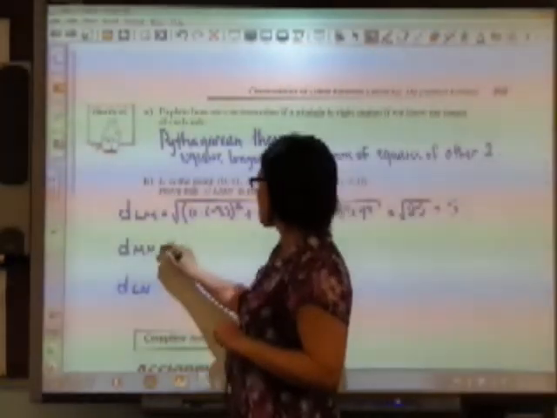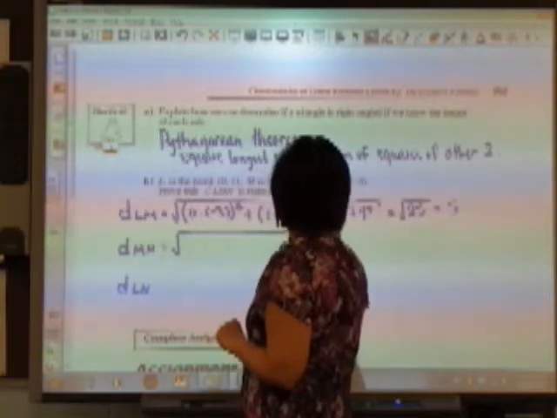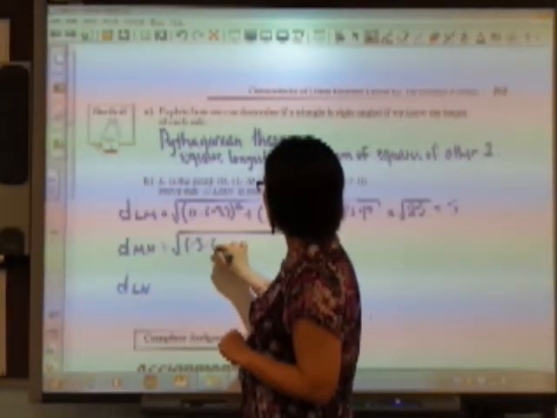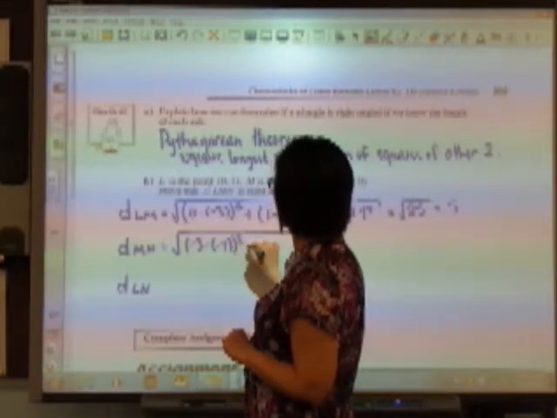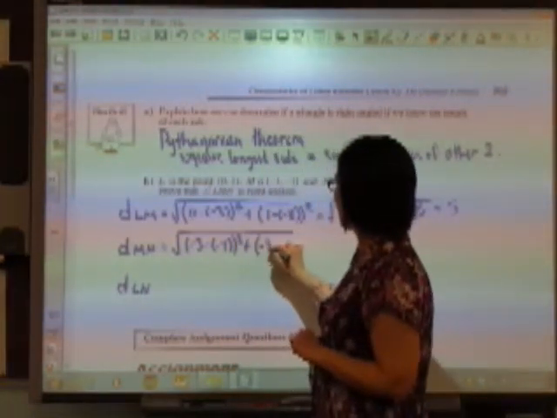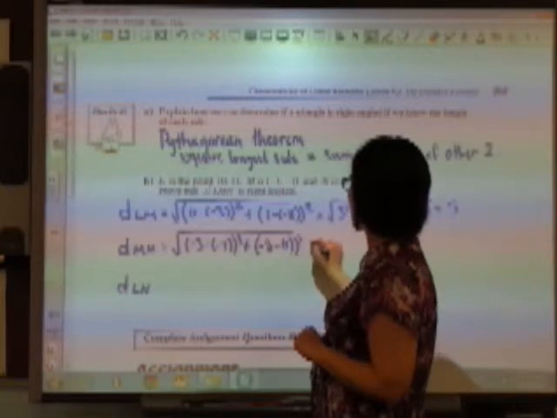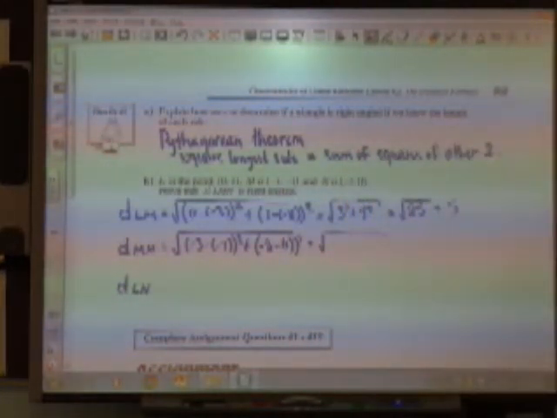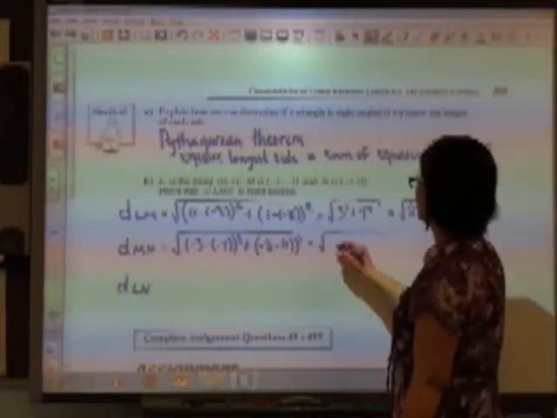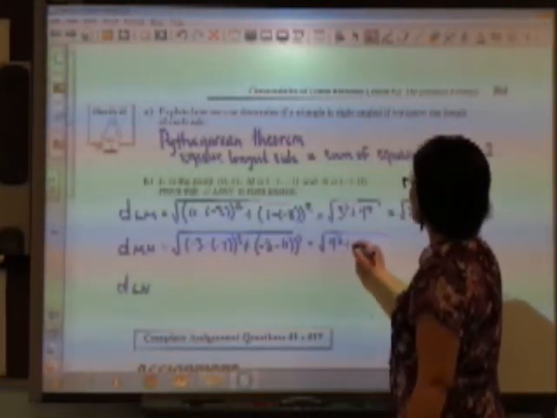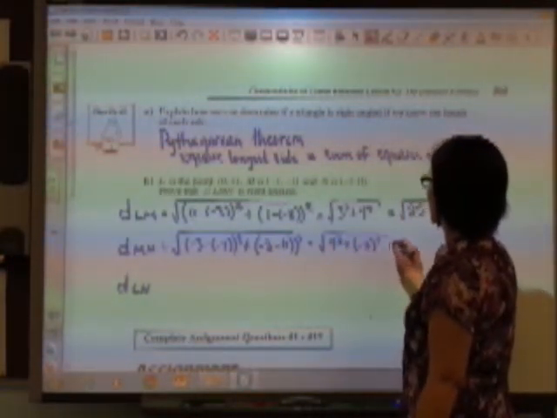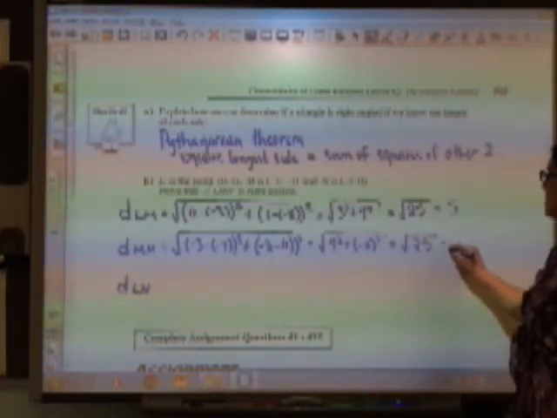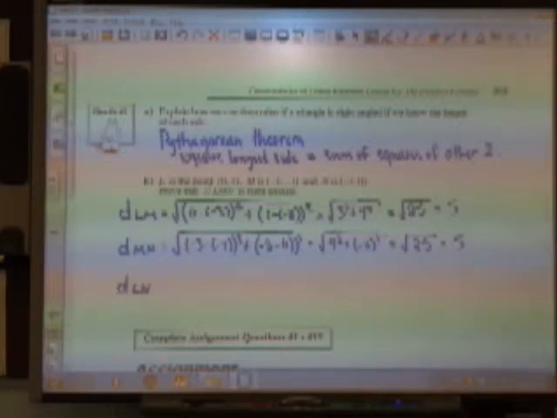Then from M to N, let's see, negative 3 minus negative 7 squared plus negative 3 minus 0 squared. Negative 3 minus negative 7 is 4. So I get 4 squared plus negative 3 squared, which is still 25, which is still 5.